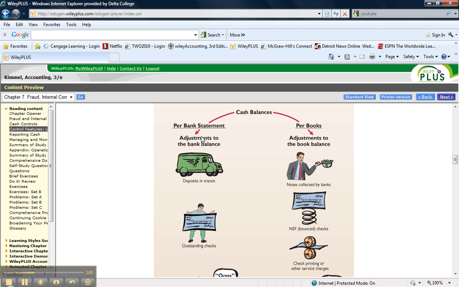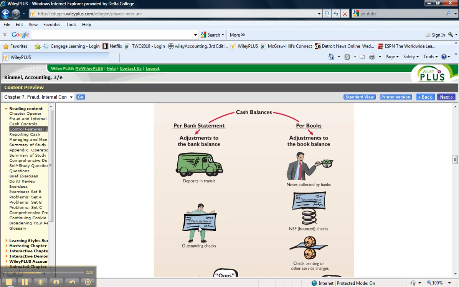So if the month end happens in between when those two events occur, then the book balance for cash is going to be higher than the bank balance for cash. So all you have to do to get comfortable with the process is to add that deposit in transit amount to the bank statement, and then it'll be in both places. And that's the basic idea in reconciling these two cash numbers.